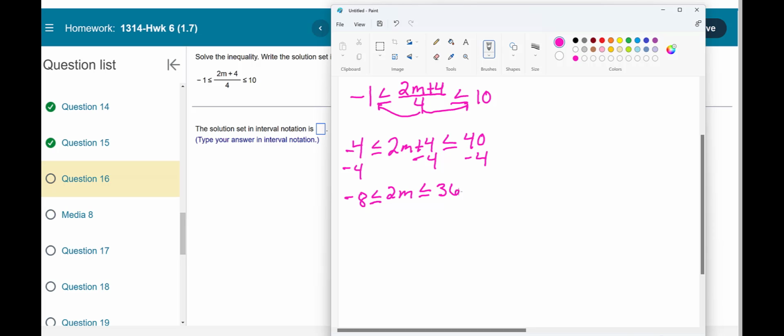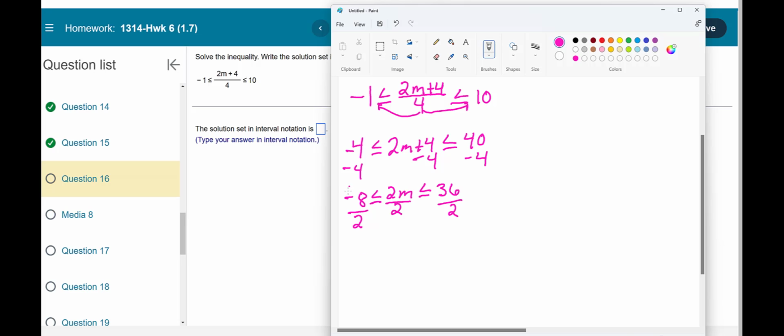After we do that, what we're going to do is we're going to divide. Now the m is still not alone, it has a 2 there, so the opposite of multiplication is division. So we're just doing the opposite of everything around that m and doing it to each side in order to get that m alone. And then we're going to divide 2m by 2 to get rid of the 2. Do the same thing for each side.